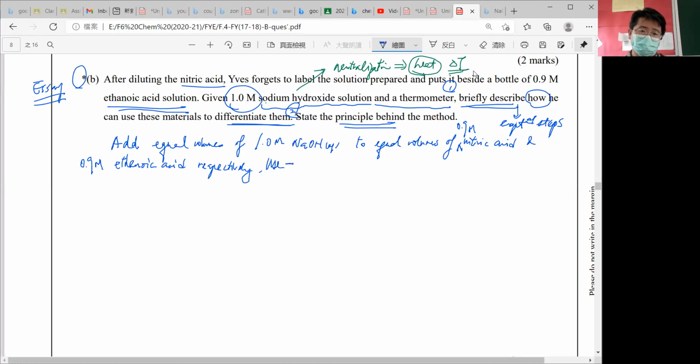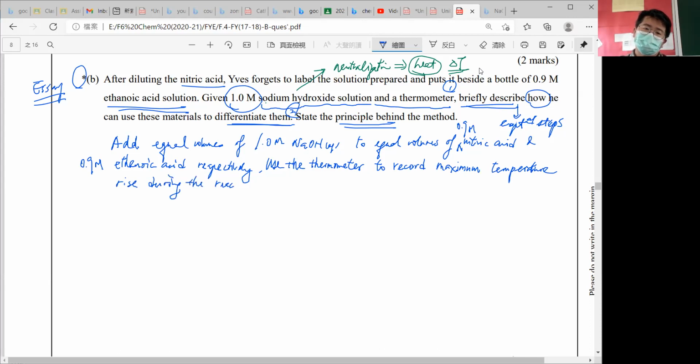So you may use the thermometer, the thermometer to record the maximum temperature rise during the reactions. So what is the reaction? This is neutralization. And that is point 1, 1 mark already. And point 2, the observation.